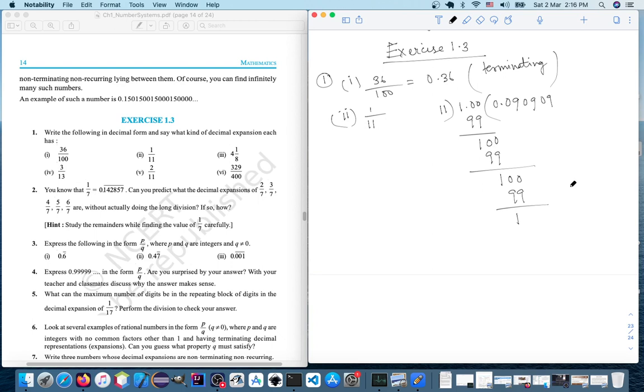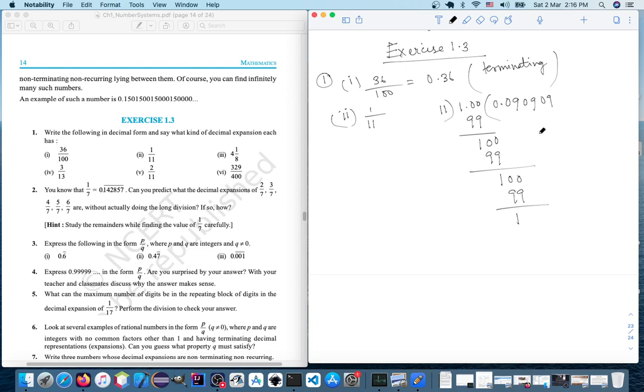Every time we are having 10 as the remainder, then 1 as the remainder, so it keeps on repeating. The repeating block of digits is 09.